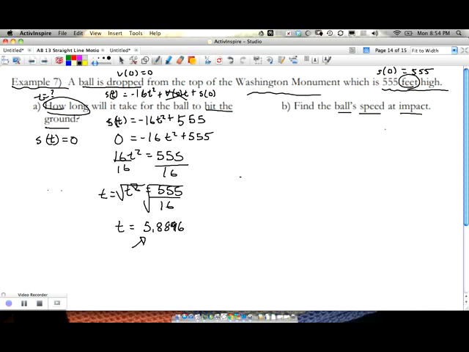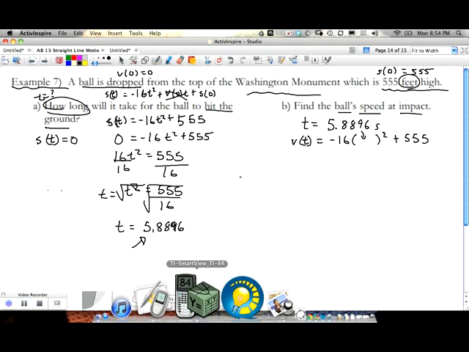Find the ball's speed at impact. So you drop a ball, it falls for 5.8896 seconds. T equals 5.8896 seconds. Then what's v of t equal? Well, that's going to be negative 16 times that squared plus 555.